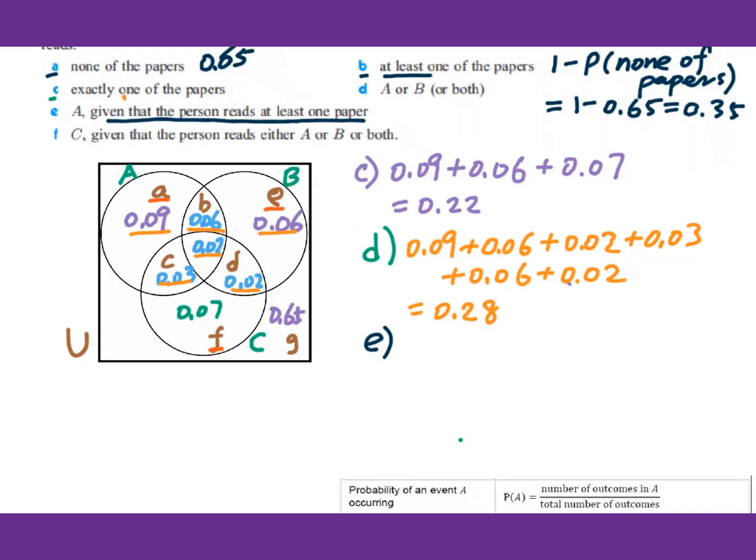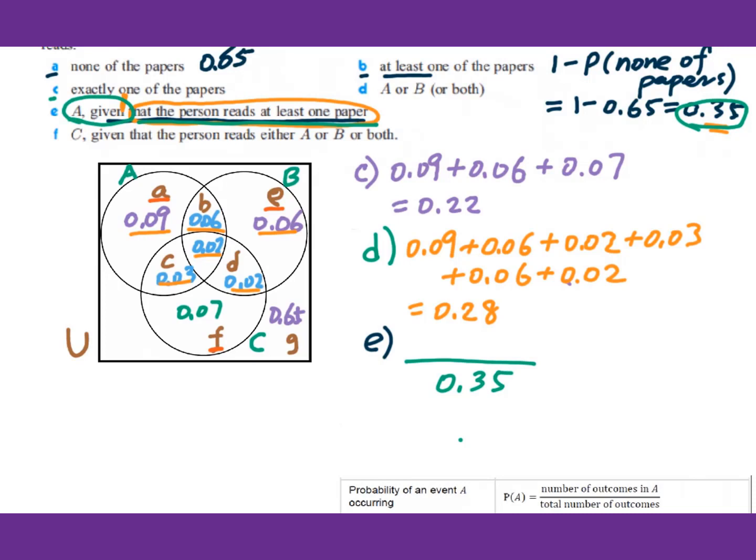The given part will be the denominator. At least one paper, we already got this, 0.35. So the denominator is 0.35.